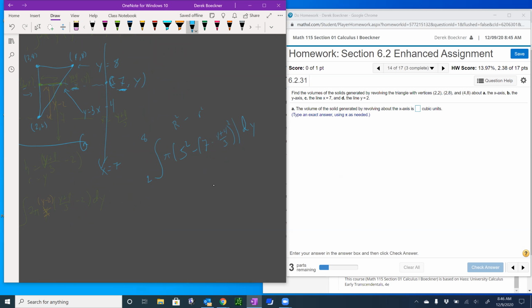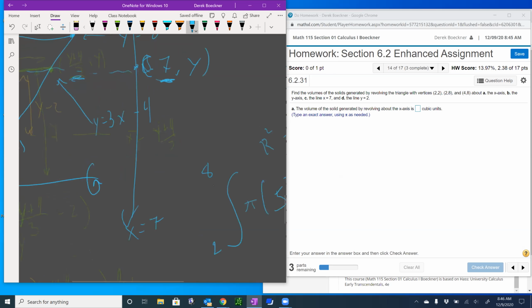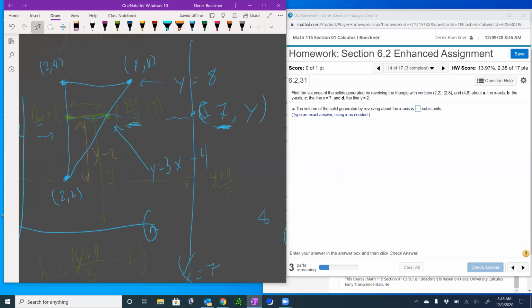I'm kind of confused about the inner radius one. Okay, so if I draw in these washers, they kind of look like that, right?